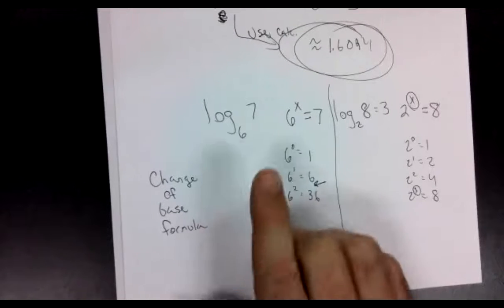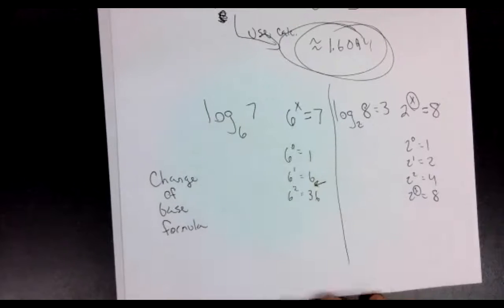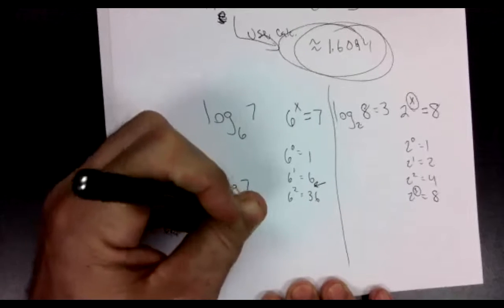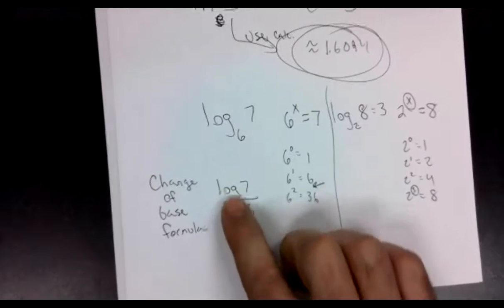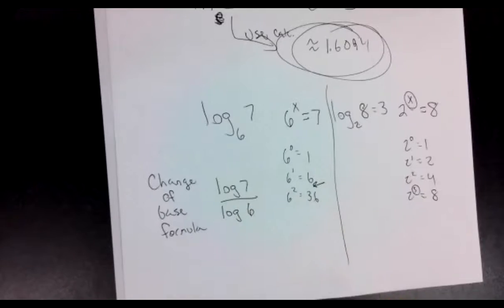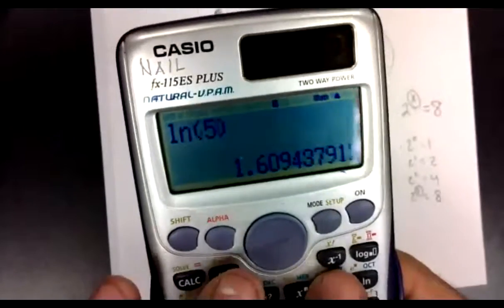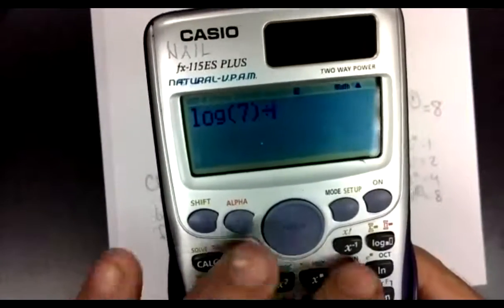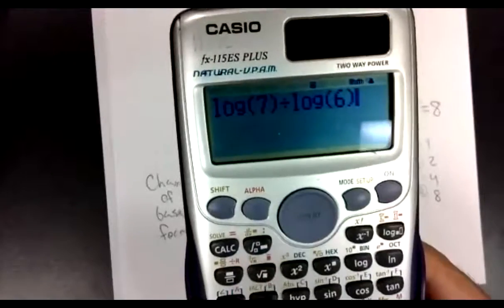So, change of base formula. To evaluate this, we're going to take the log of 7 divided by the log of 6. So again, this is using that button on your calculator. So we'll do the log of 7 divided by the log of 6, making sure we close our parentheses.